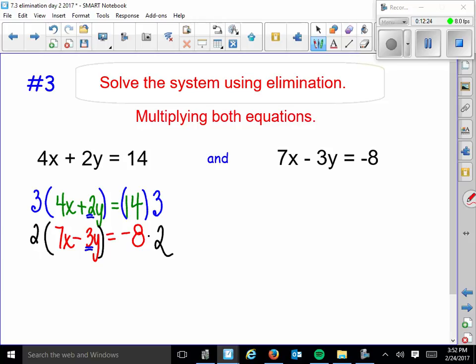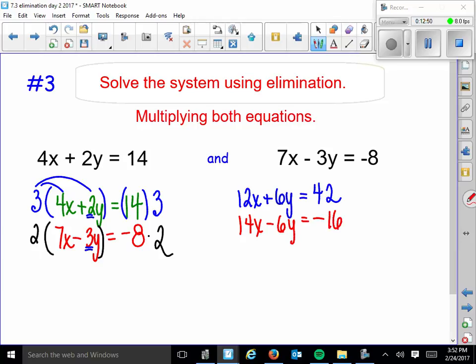With the first equation, I distribute the 3, giving us 12x plus 6y equals 42. And the second equation: 14x minus 6y equals negative 16.